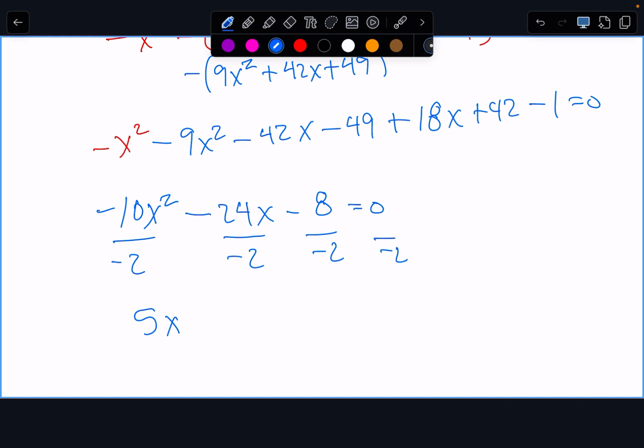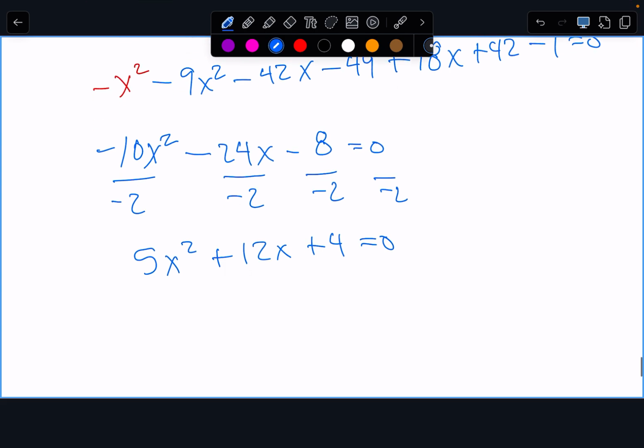Plus 12x plus 4. I took out the negative because I don't want the leading term to be negative. I think it's easier. That's going to be 20 and 12.